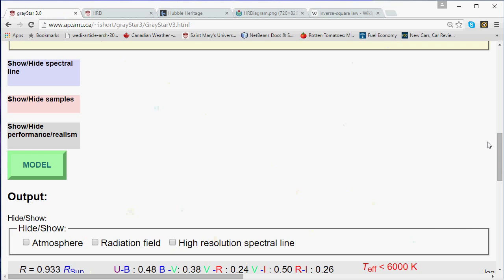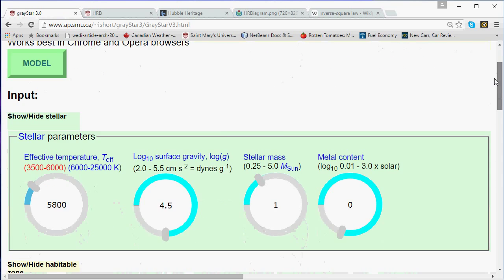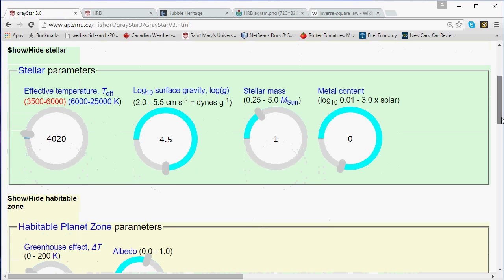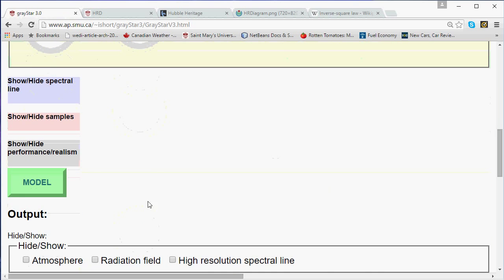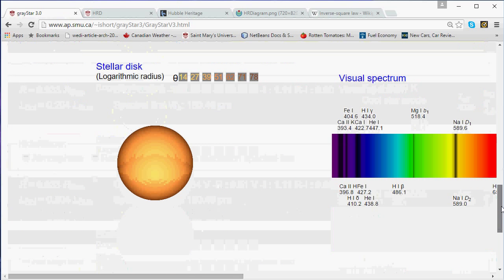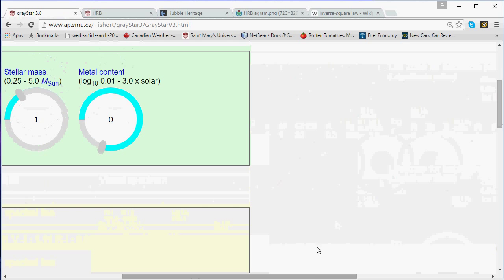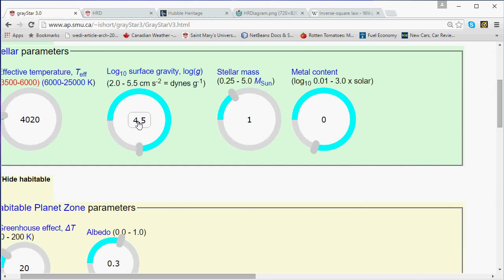Let me go back to the grayStar 3 virtual star simulator here. And you might recall that we can diagnose a star's surface gravity by doing some spectroscopy and noting the width of these individual dark spectral lines in the star's spectrum. If those individual dark lines are relatively broad, as they are here in this case, then that tells us, remember, that the surface gravity is relatively large.